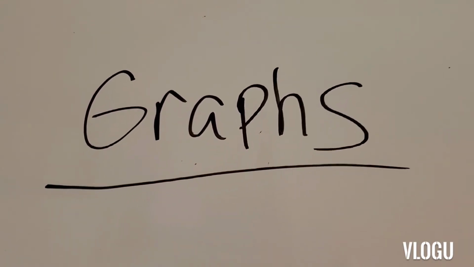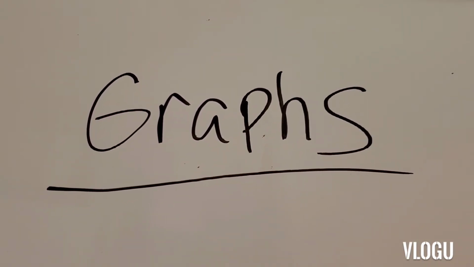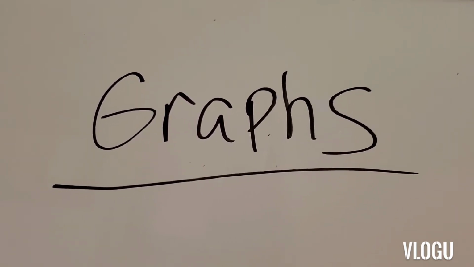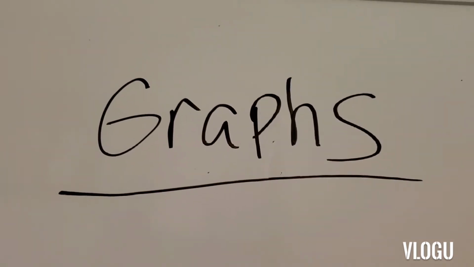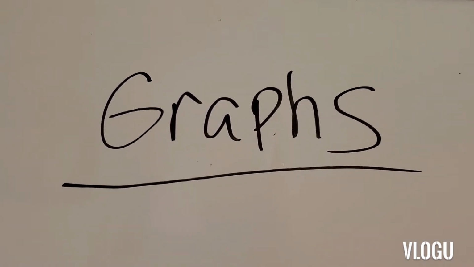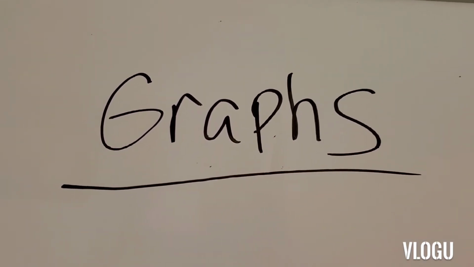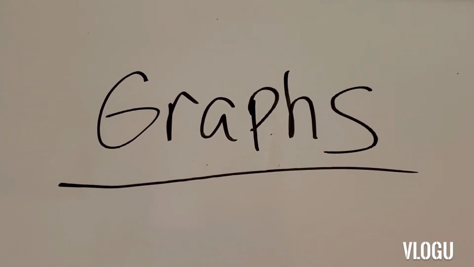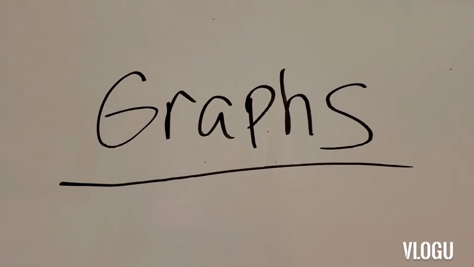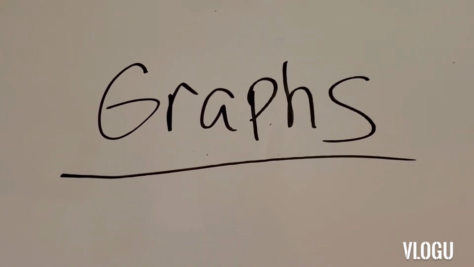Fourth level, we are going to start working with graphs. There's a variety of different types of graphs, and graphs are really a visual way to relay, display, or interpret data.